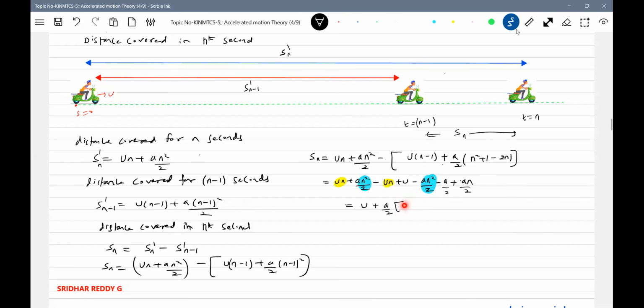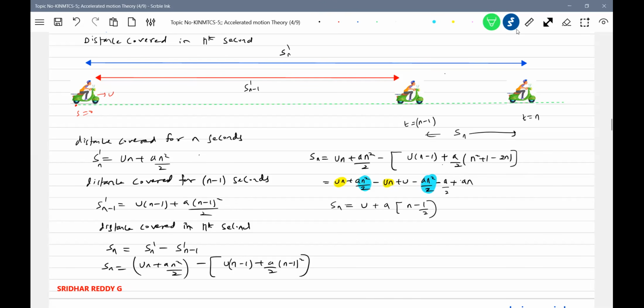Okay, sorry, this will become only an minus of plus an. So this will become u plus a into n minus 1 by 2. So there's the formula for distance covered in nth second.